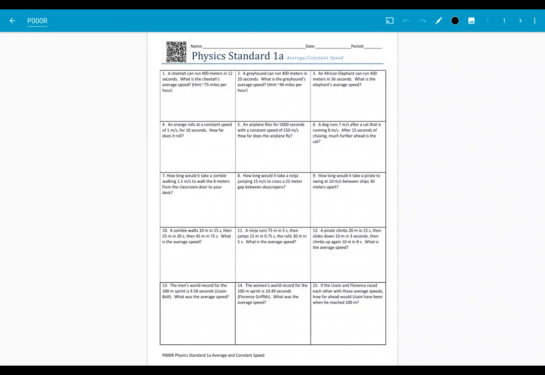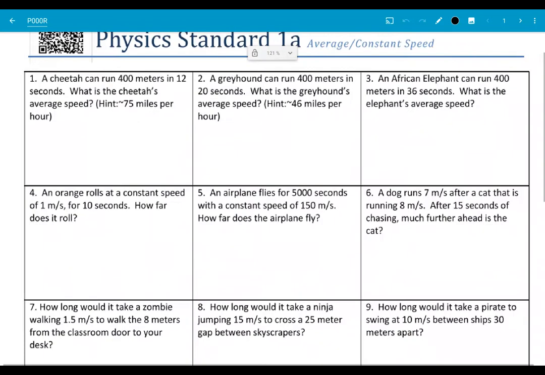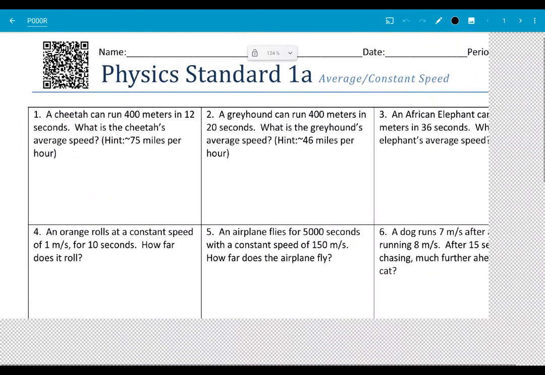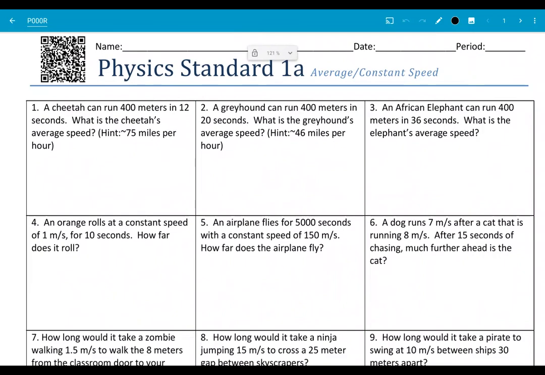Now, this is the assignment that we're going to begin working on. It's using average speed formula, which is, again, V equals X divided by T. Now, on this assignment, each of the rows, you're going to be solving for a different variable in the formula. So in the first row up here, you're going to be solving for average speed on all of these, 1, 2, and 3.